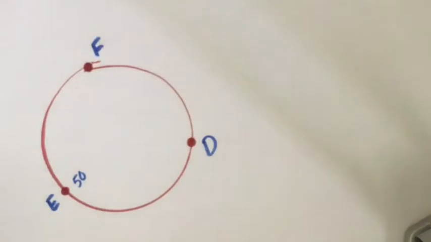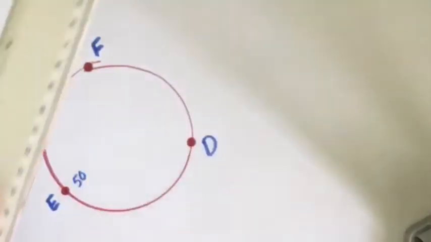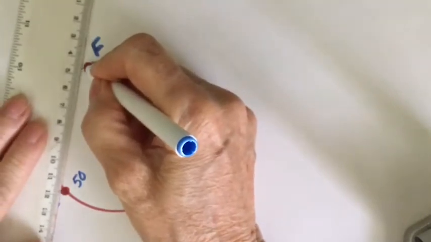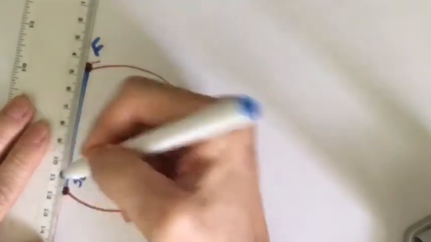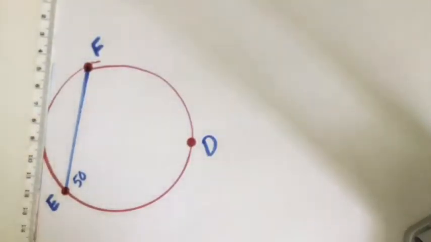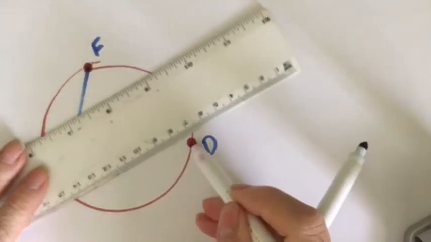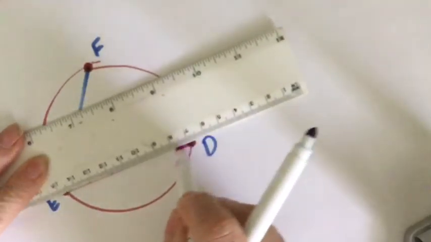So I'm going to go ahead and connect E and F. Right, and I'm also going to connect E and D. That's what it looked like.